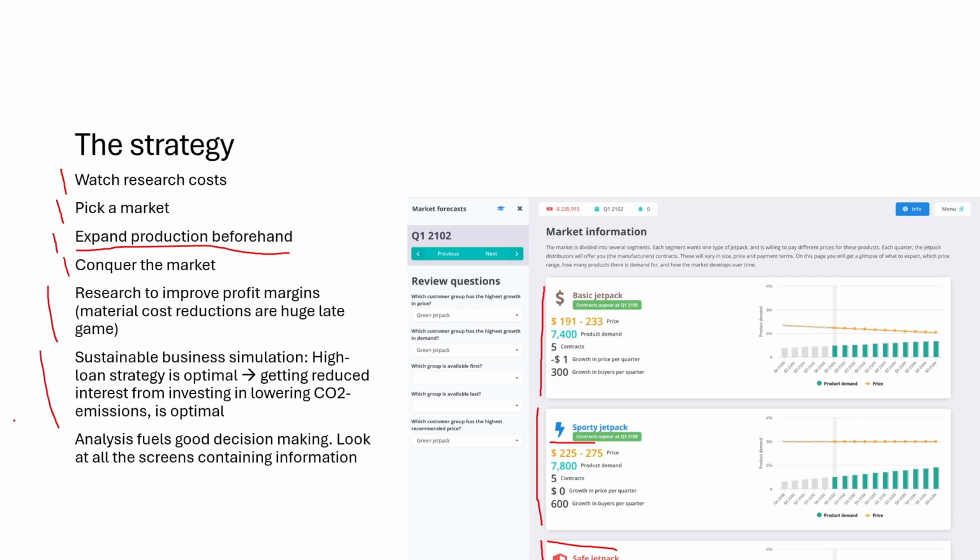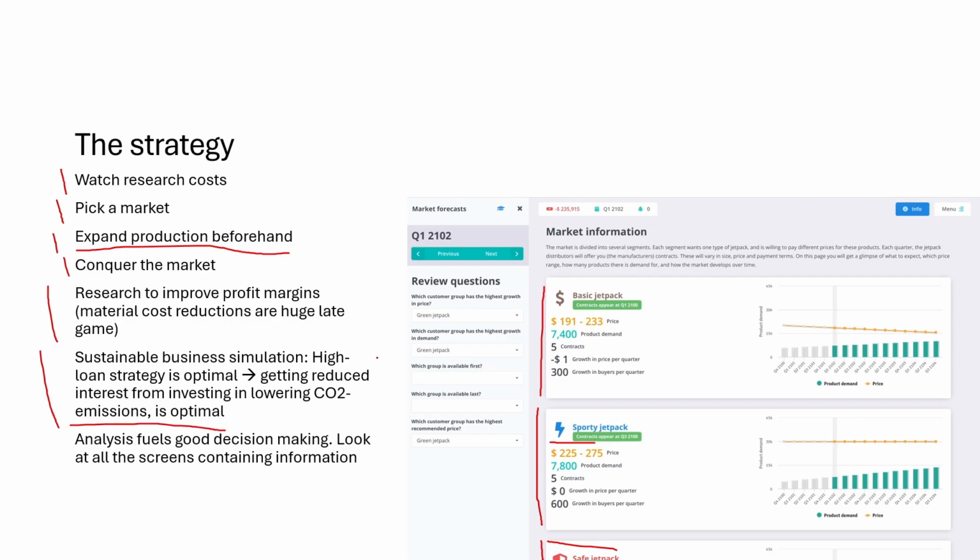Now, if you're playing a sustainable business simulation, which is a simulation that Hubro has, then since this strategy involves taking a high amount of loans, getting the reduced interest from lowering your CO2 emissions is usually optimal in those types of games, which is something to take note of.